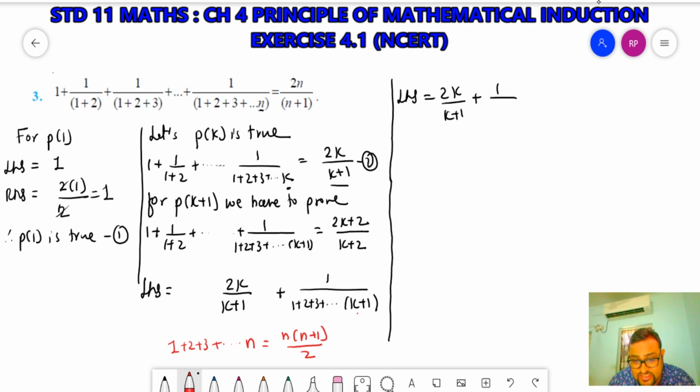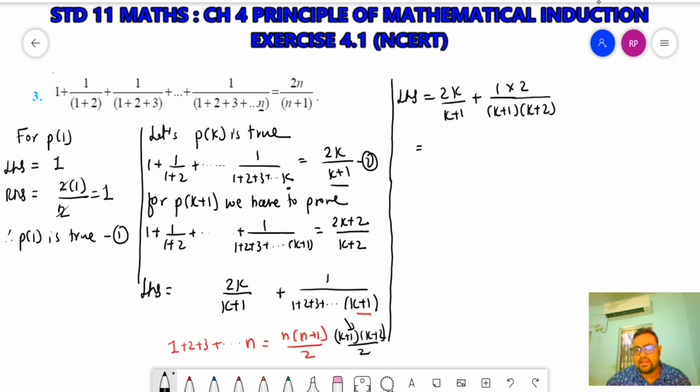But here it is k plus 1, so instead of n, I will use k plus 1. n plus 1 means k plus 1 plus 1, k plus 2 upon 2. And that is in denominator. So k plus 1, k plus 2 upon 2, means into 2 here.